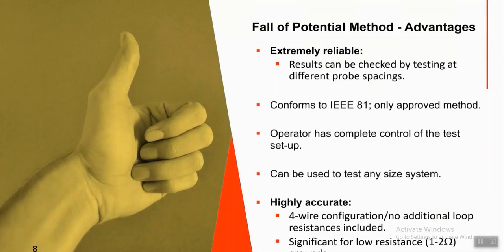It can also be used to test any size of system, small, medium, and even large systems, and it is still valid to get the true measurement with this method. It is also highly accurate, significant for low resistance, in the 1 up to 2 ohm ground value.